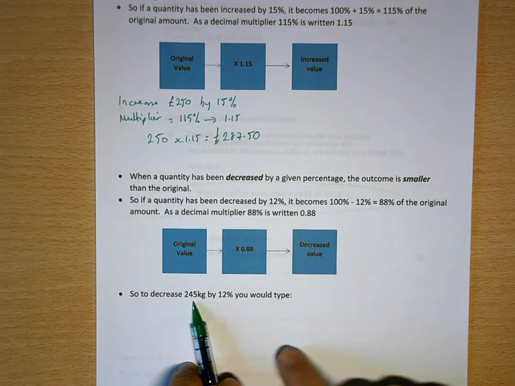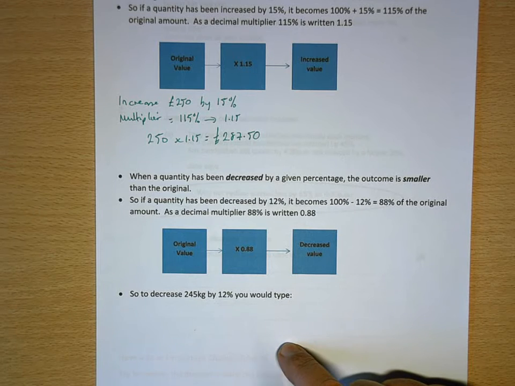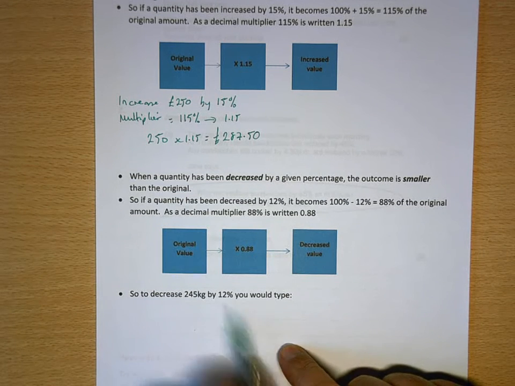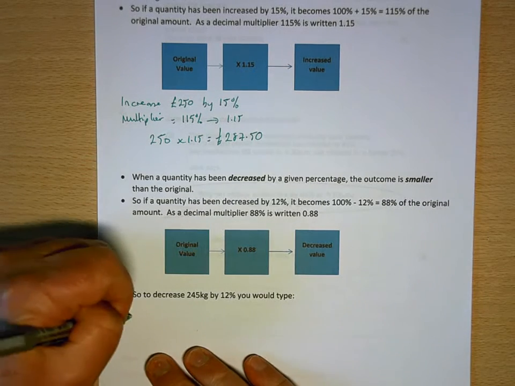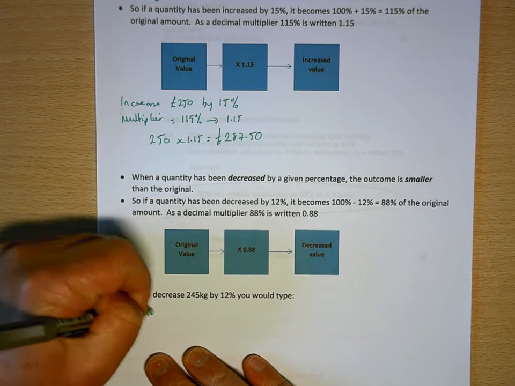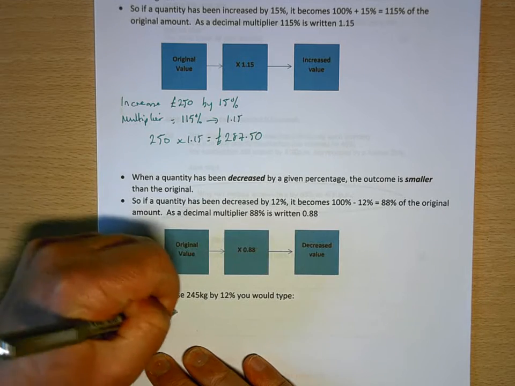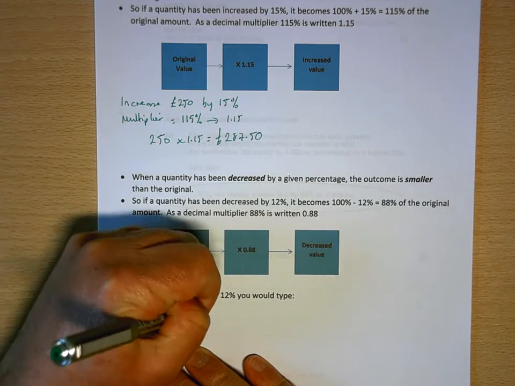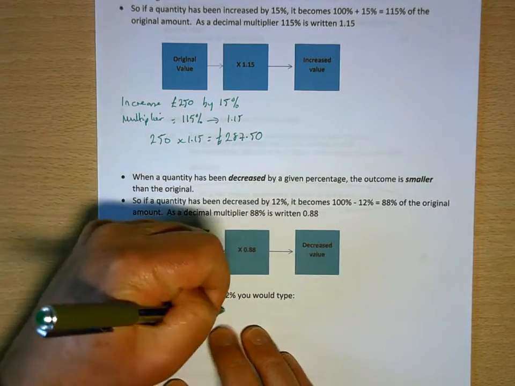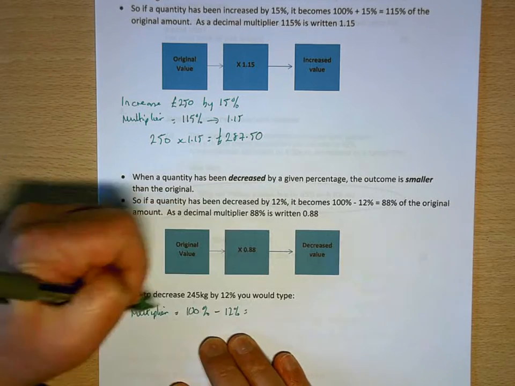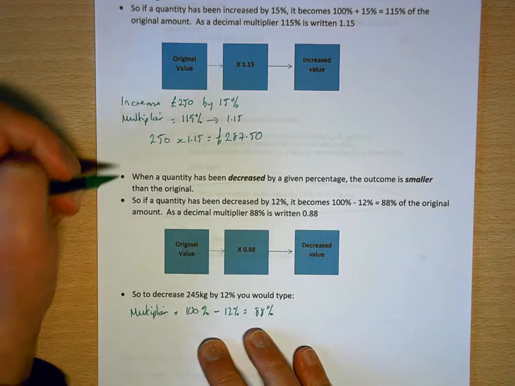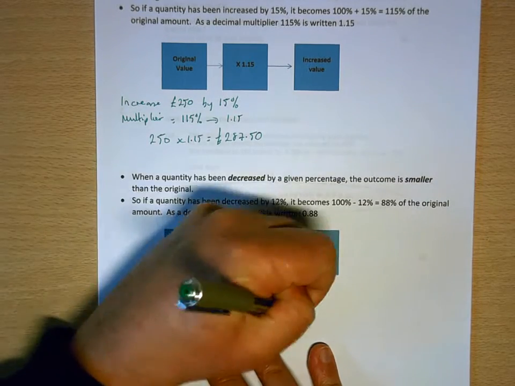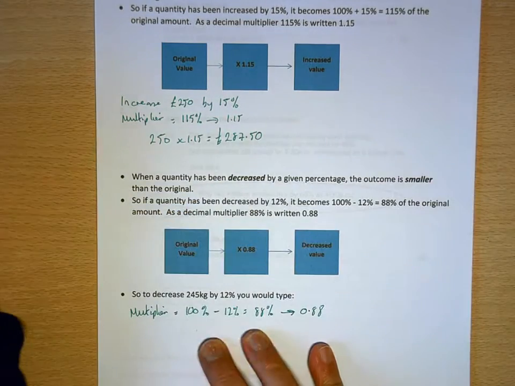So to decrease 245 kilos by 12%, the multiplier will be 100% less 12%, which is 88%, and that is 0.88.